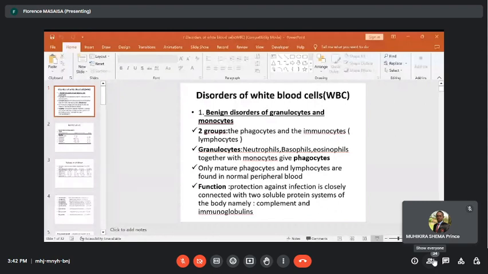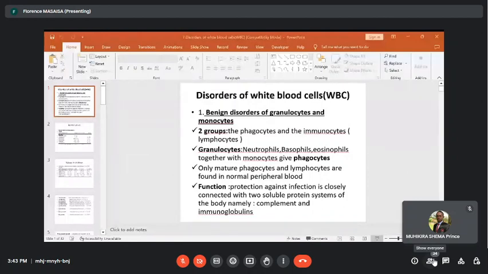So we have disorders of the white cell. Just a quick introduction: we have two groups, phagocytes and immunocytes.